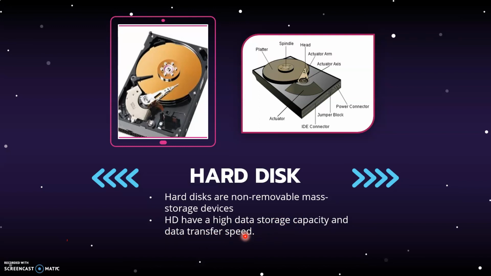You can store a lot of data inside there. Today's computers typically come with hard disks that contain gigabytes of storage. Inside your computer you will have at least, I think, 500 gig of data. The more expensive the computer, maybe your hard disk can be up to 1 terabyte.